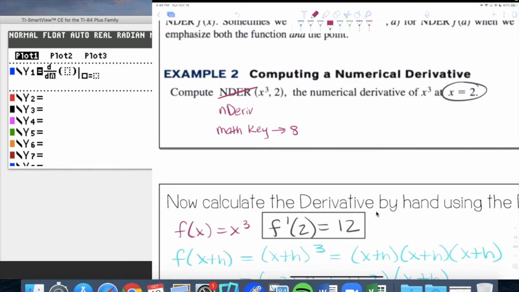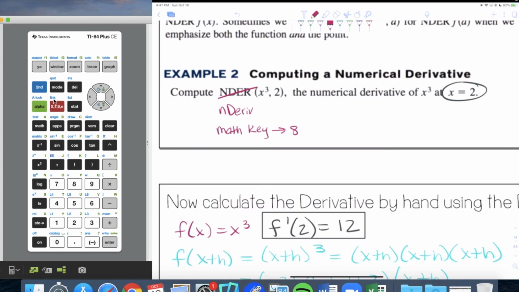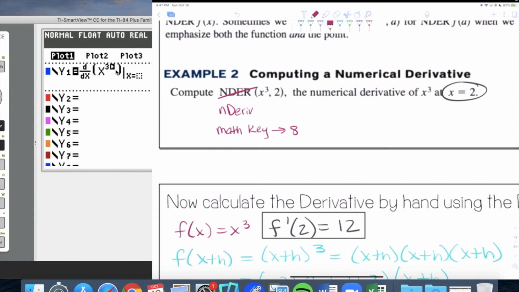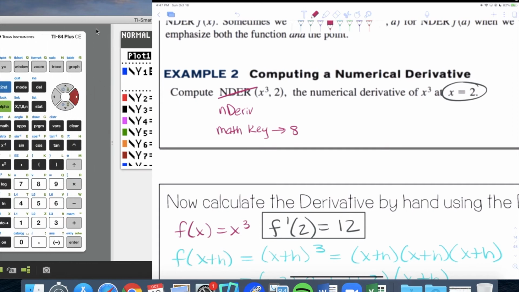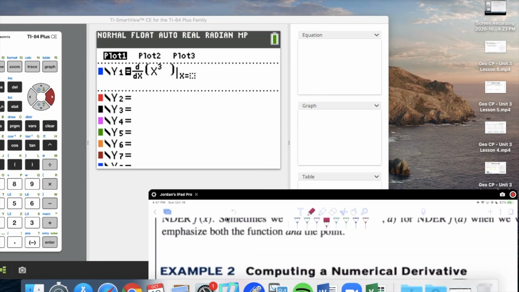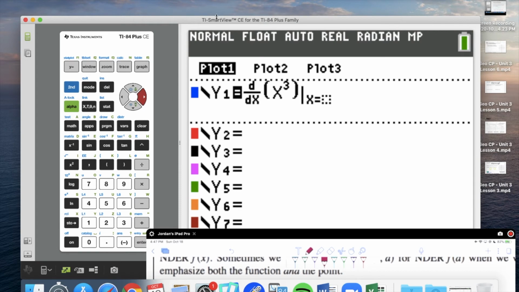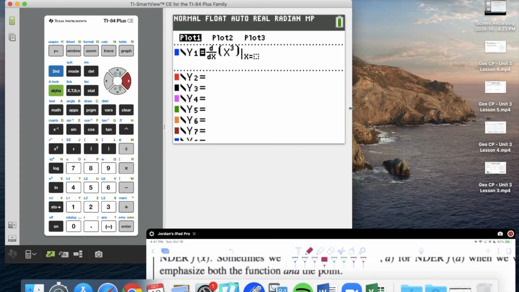I'm not going to put in 3x squared, which is what I found. I'm just going to put in the original function. So I type in x, and then x cubed. I have to make sure I click the right button. And oh, there we go. That's what I was looking for.